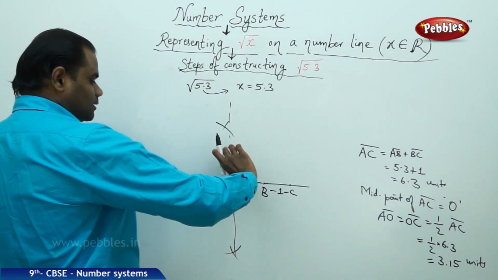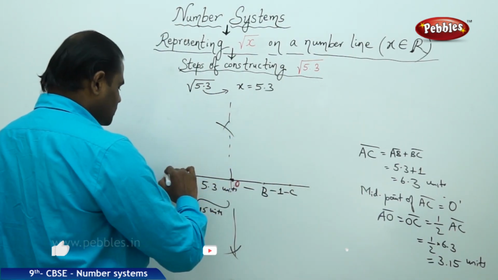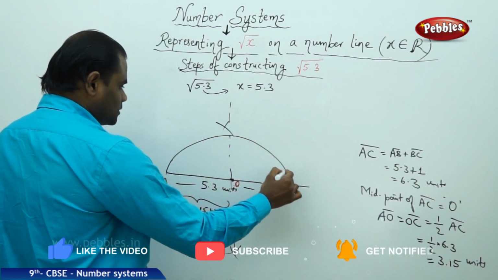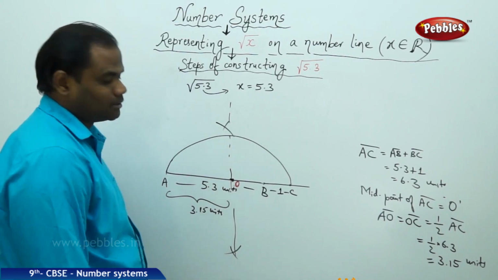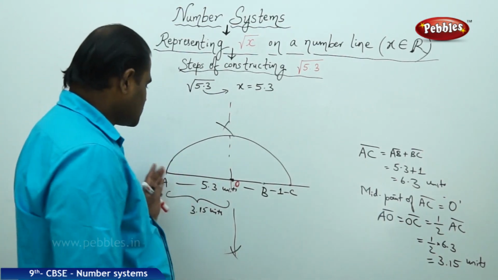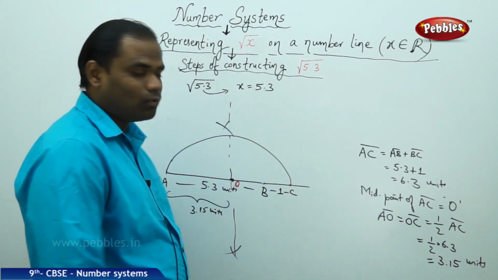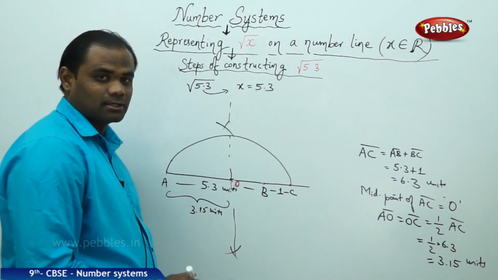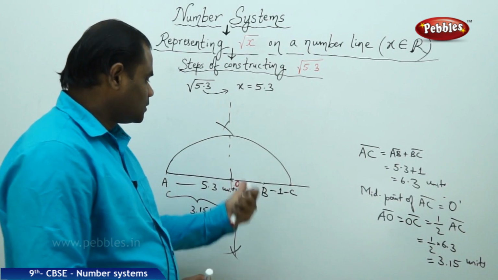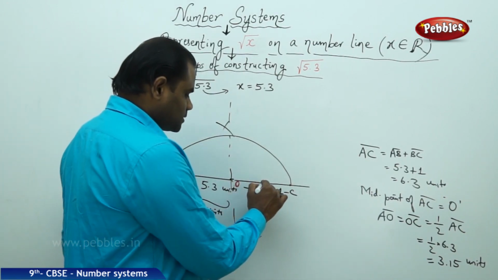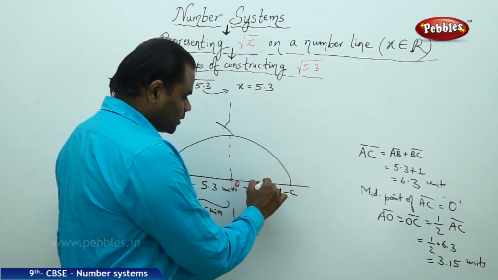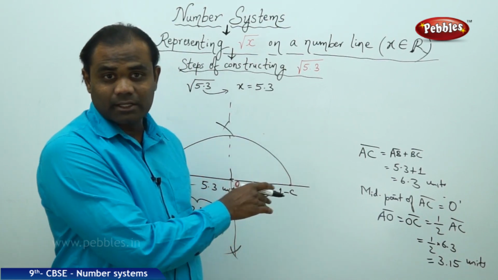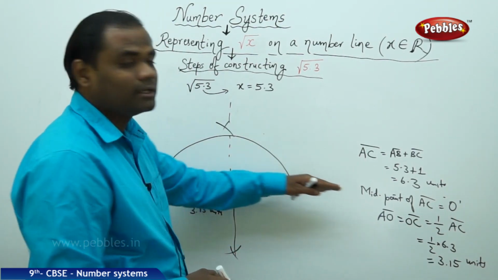Now take O as the center and draw a semicircle with OA as the radius. So the next construction is to draw a semicircle in this manner, with radius OC or OA. Now the next step is to drop a perpendicular from B. Put the protractor at B and make 90 degrees to the line AC.